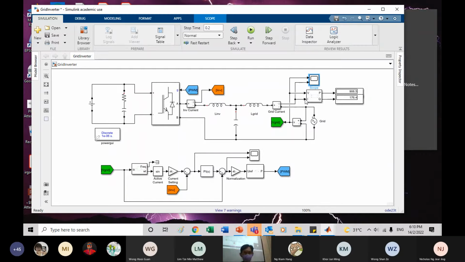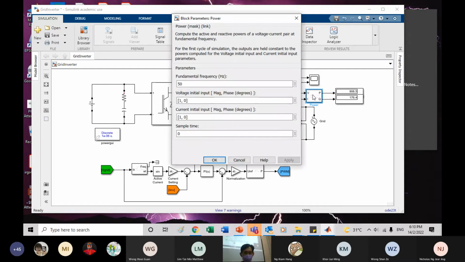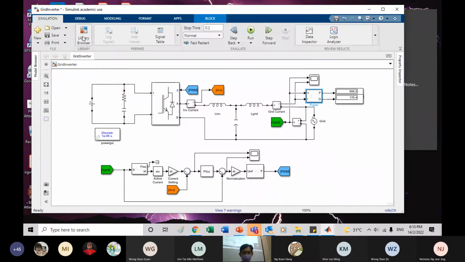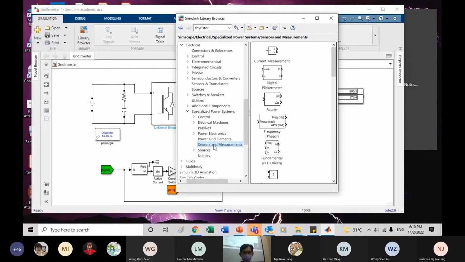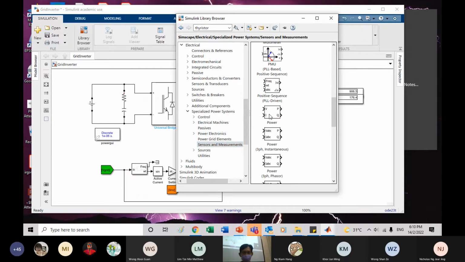Okay. And we have these power measurement blocks. You just make sure it's set to 50 Hertz. And these blocks, you can find in the sensor and measurement section somewhere here. Okay, the power blocks help you to measure the power.